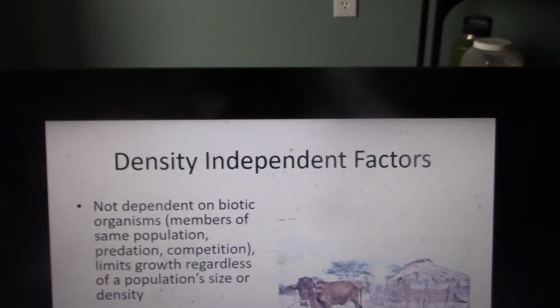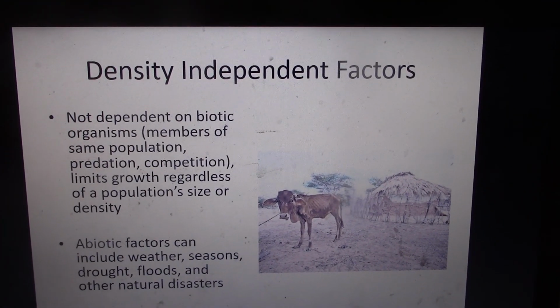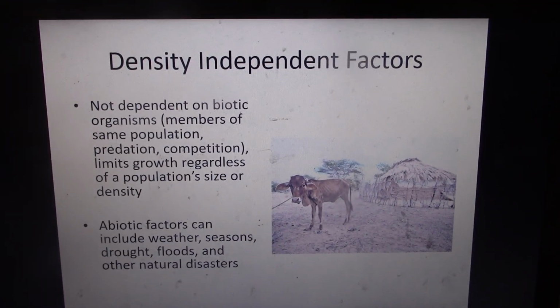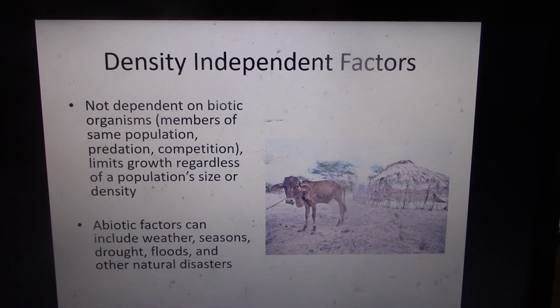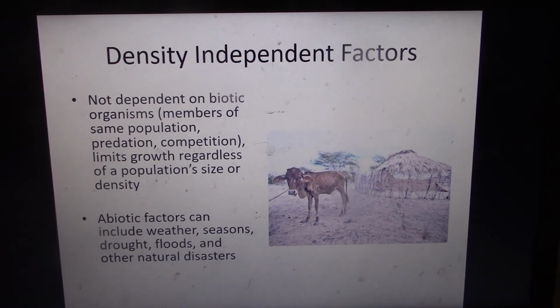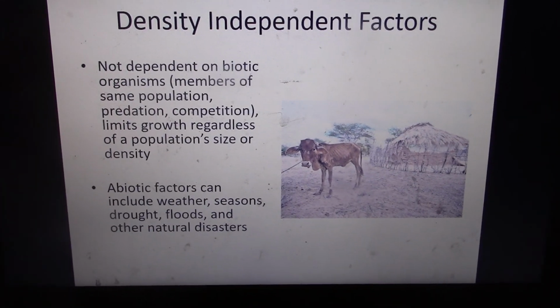Now, I would argue that things that we see in the environment today could also be density dependent. But in general, when you look at density independent factors, they are factors that limit growth in an environment, and they're not based on population. So they're not based on the biotic members of the community.